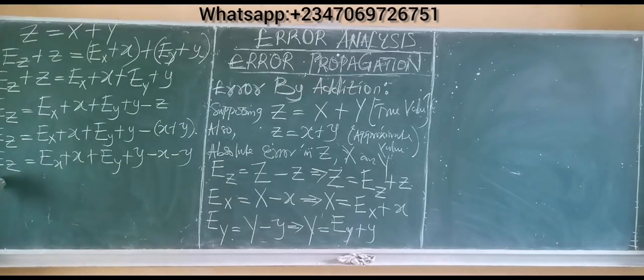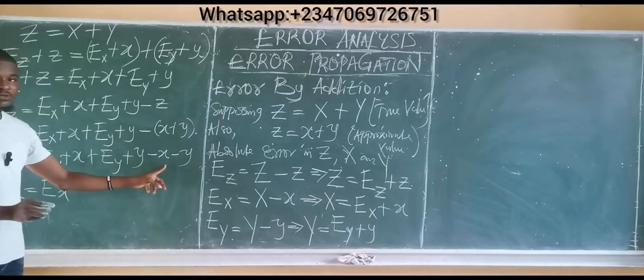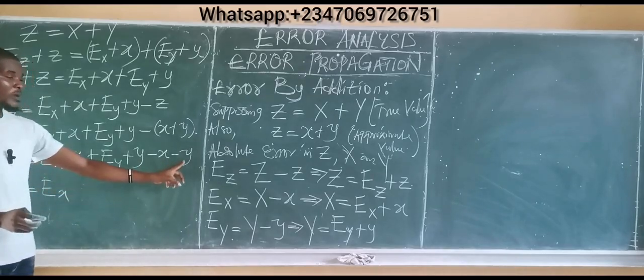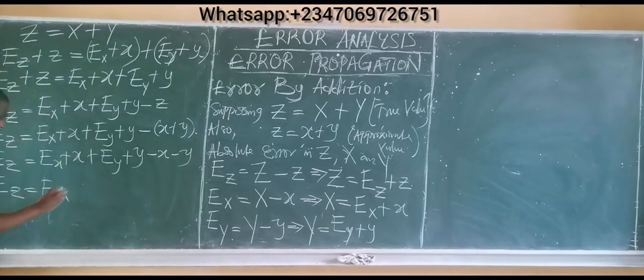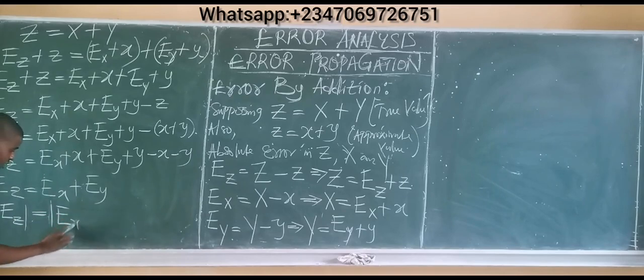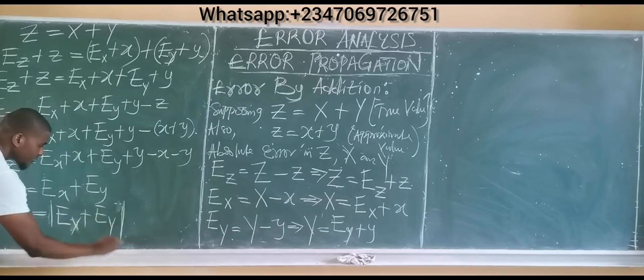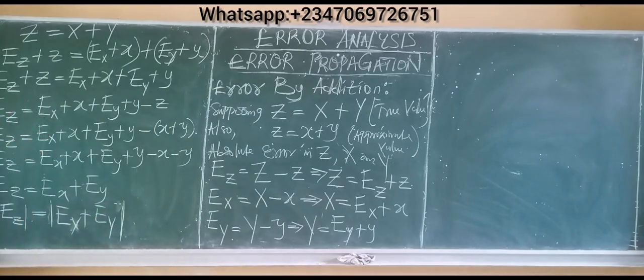So this simply means that error in z is equal to error in x plus error in y. Observe that plus x minus x cancels out and plus y minus y cancels out. Of course, if you take the modulus on both sides, the modulus of error in z is equal to the modulus of error in x plus error in y.